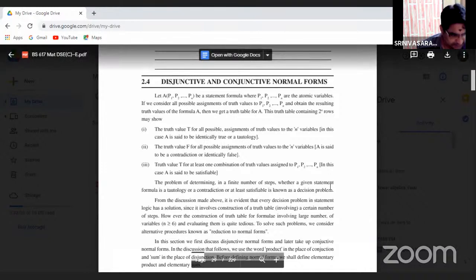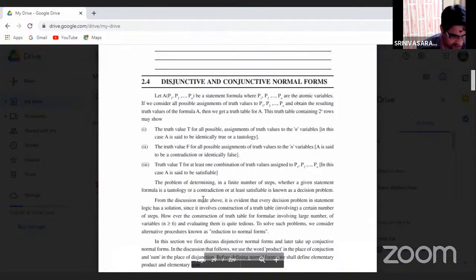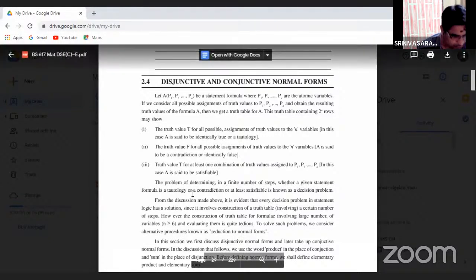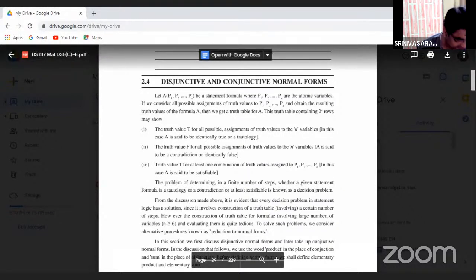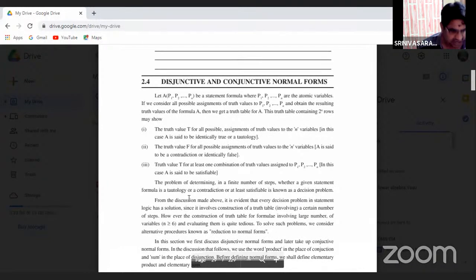Whether a given statement formula is a tautology, a contradiction, or at least satisfiable. In the examination, whether it is a short note, short answer, or fill in the blanks, you should know what a decision problem is. Decision problem means the problem of determining in a finite number of steps whether a given statement formula is a tautology, a contradiction, or at least satisfiable.